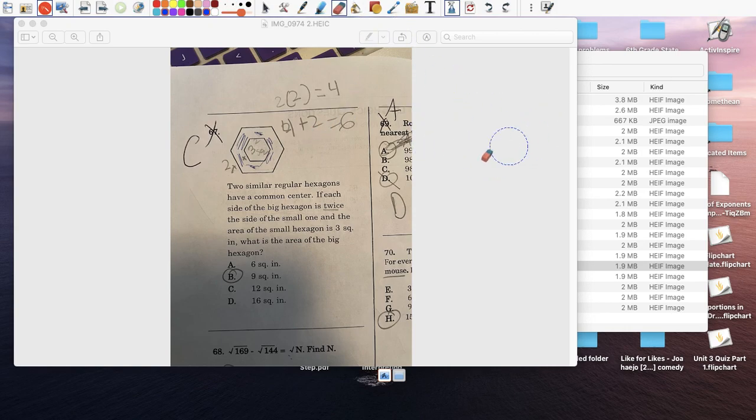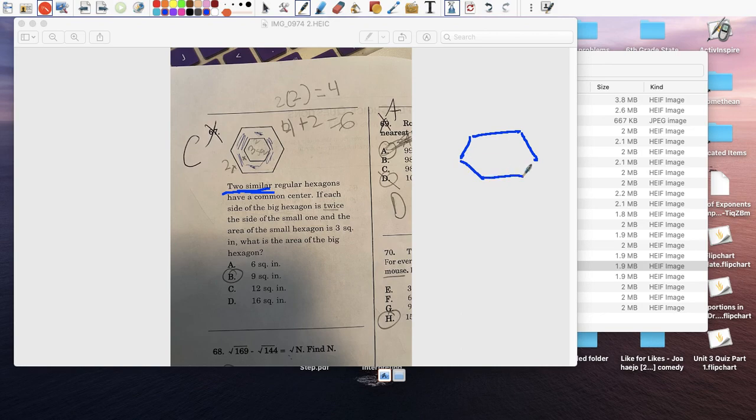But there's something else you could have done, and this is the word that I completely ignored. They're similar. So if they're similar, their sides are proportionate, right? So there's a scale.